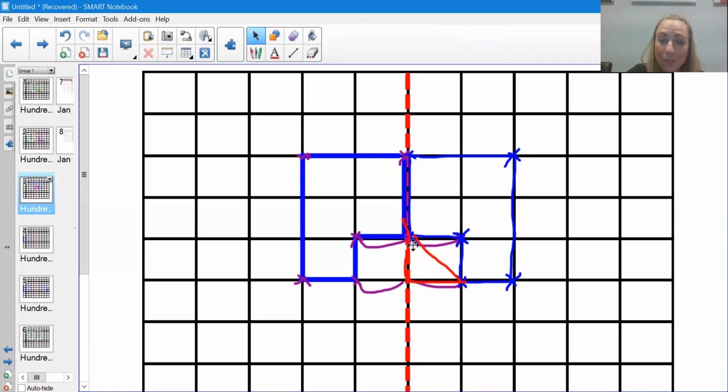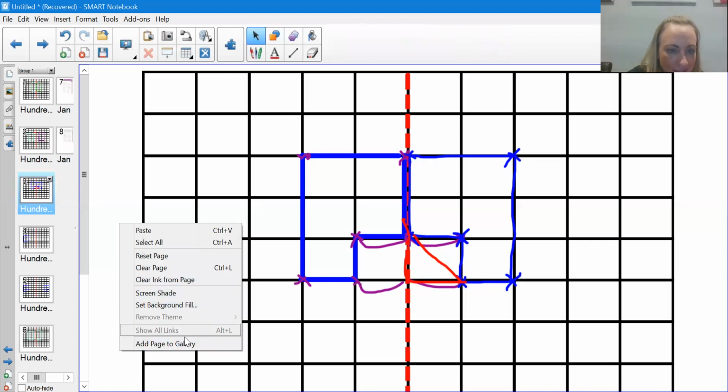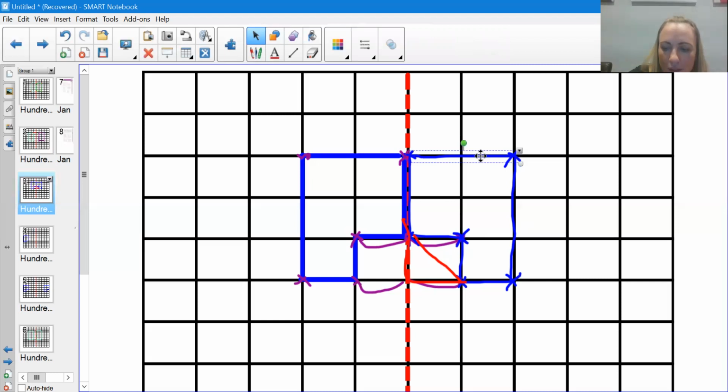Another mistake that people make is that they don't flip the shape. If you don't go from every point, you may end up with a shape that is the same distance from the mirror line, but has not been flipped.